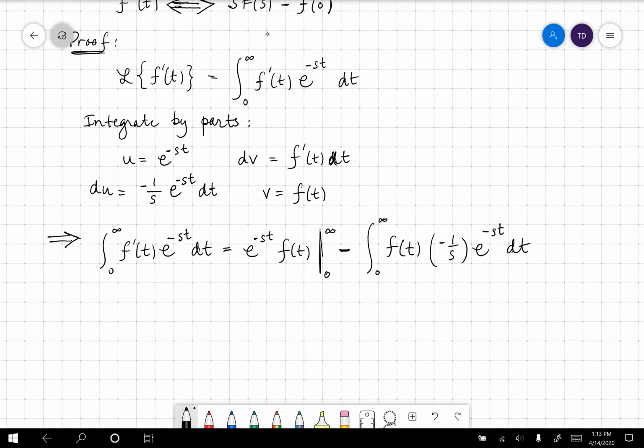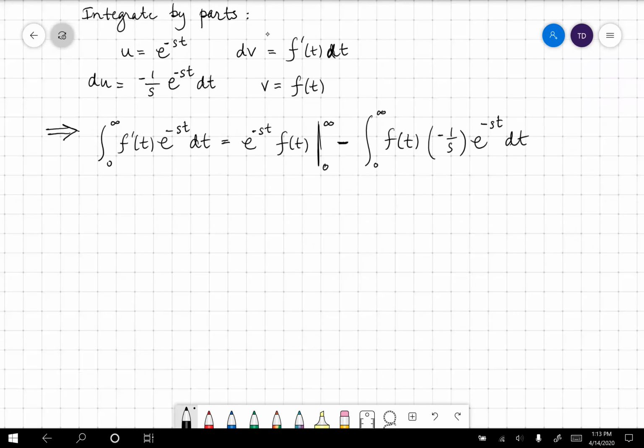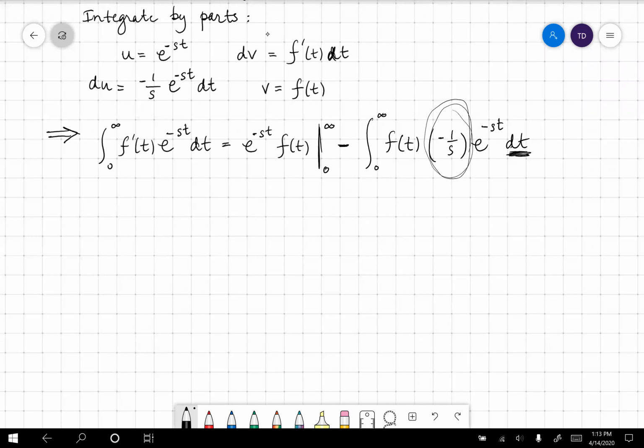Now, at some point you just have to get used to these Laplace transforms and what's taking place. This 1 over s, I know it's a function of s, but this integral is on t. So negative 1 over s is a constant with respect to the integral, so we can pull it out of the integral.